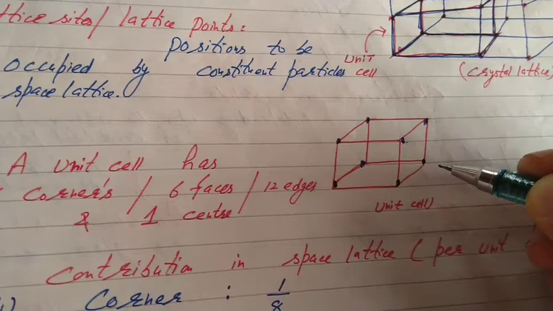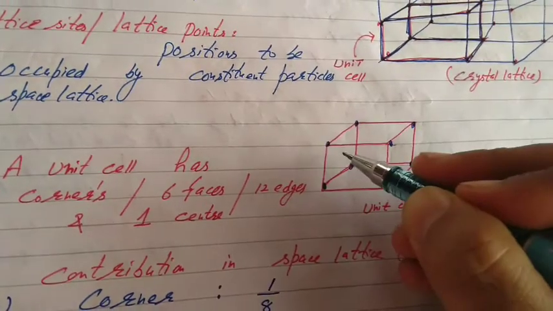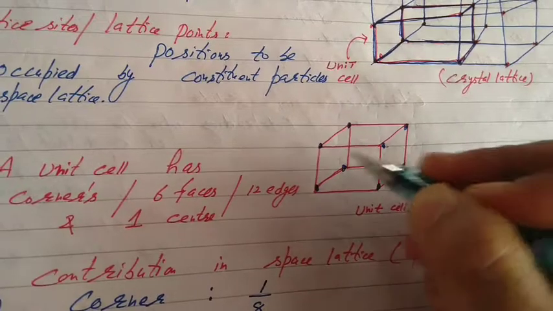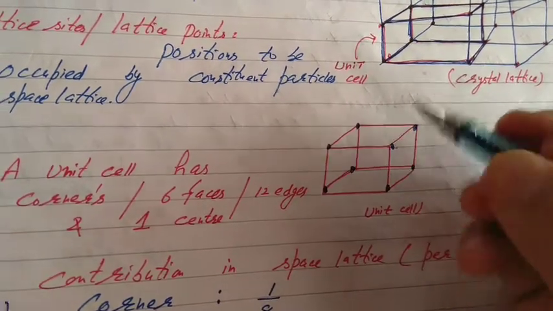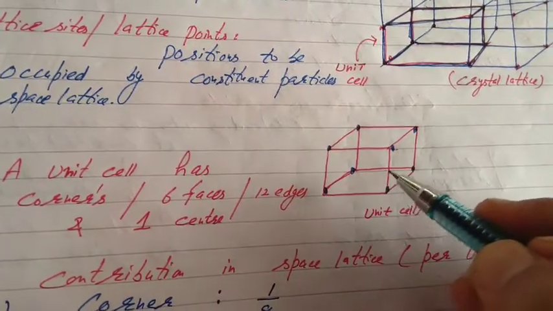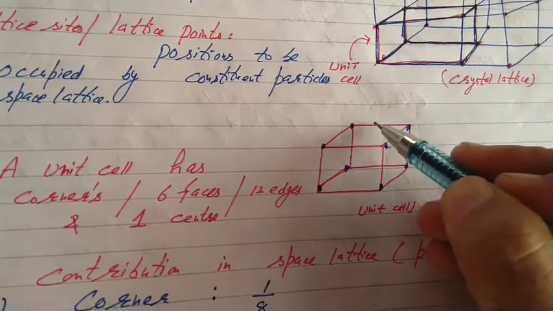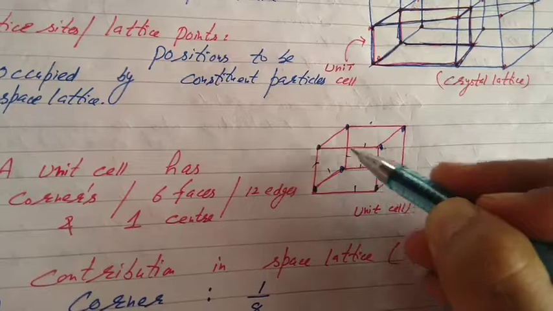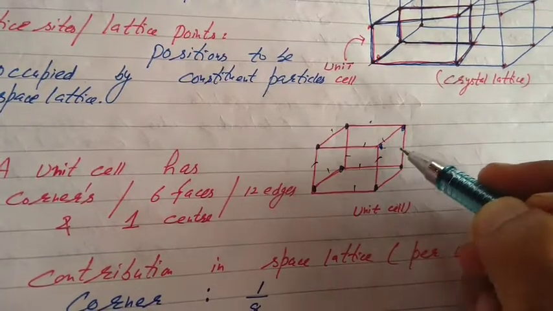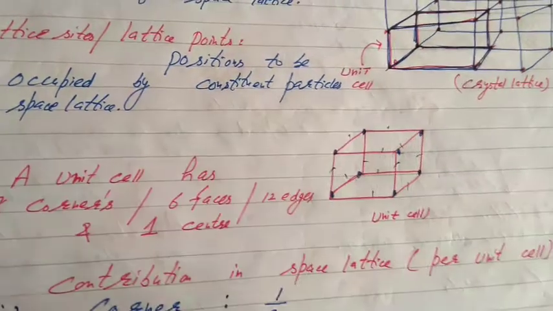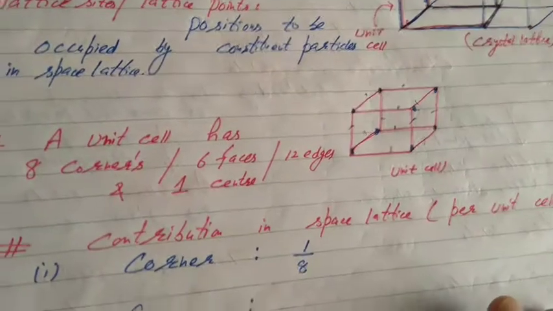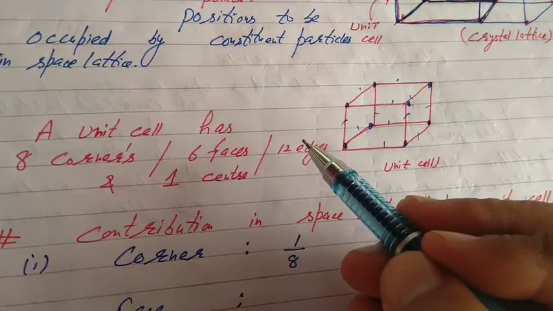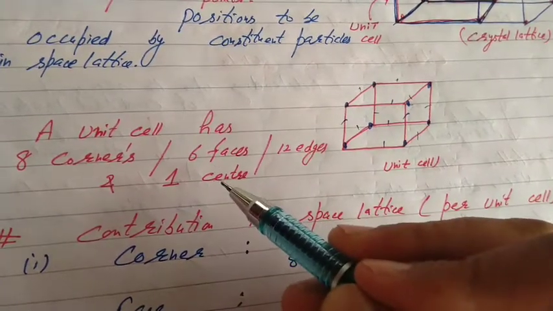A unit cell has 8 corners, 6 faces: 1, 2, 3, 4, 5 and 6. 8 corners, 6 faces, 12 edges, students: 1, 2, 3, 4, 5, 6, 7, 8, 9, 10, 11, 12 and 1 center. Please clear it. A unit cell has 8 corners, 12 edges, 6 faces and 1 center.